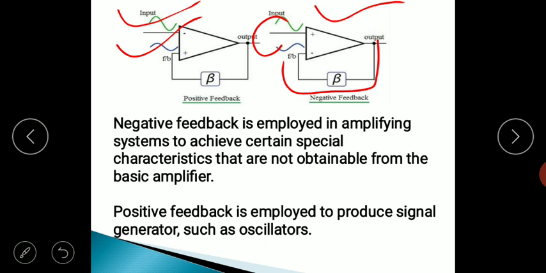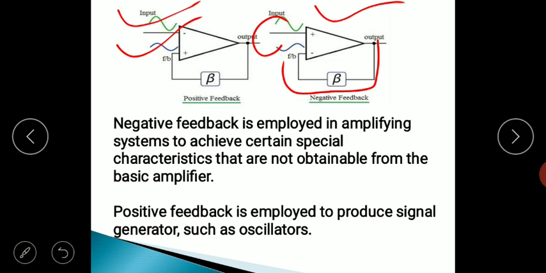Normally positive feedback is employed in signal generators such as oscillators, that is, to generate oscillations, which we'll be studying next in this chapter, whereas negative feedback is normally employed in almost all amplifiers to achieve certain special characteristics that are not obtainable from the basic amplifier.